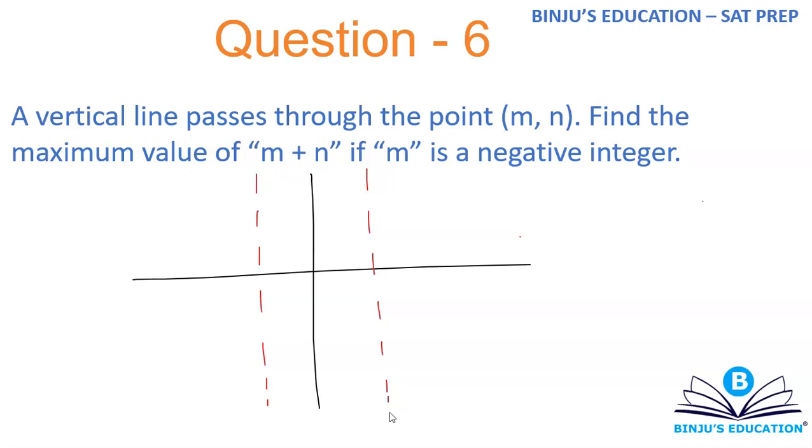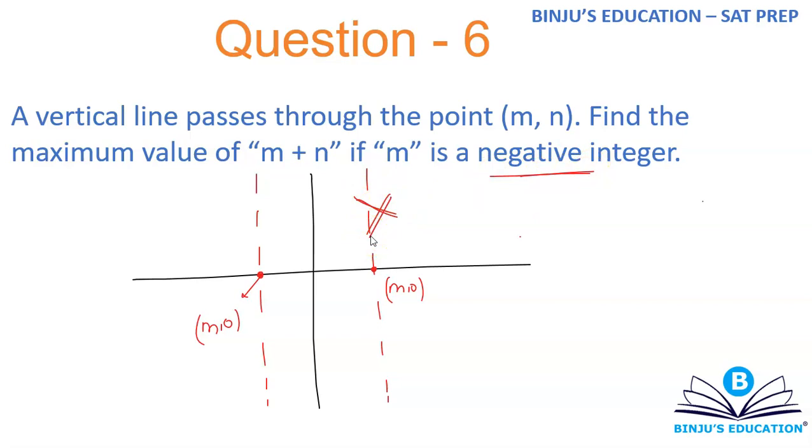Yes or no? If the x coordinate is the same, then the line meets the x-axis at a point like (m, 0), and this point here can also be (m, 0). Now it says that m is a negative integer, which means this case is not possible.